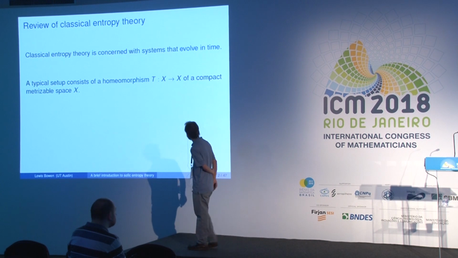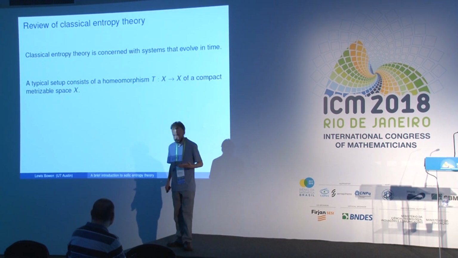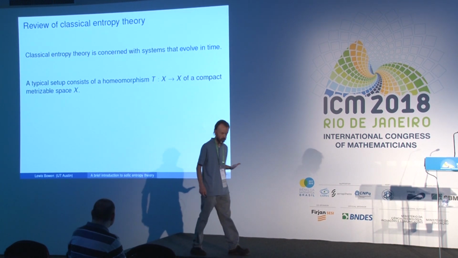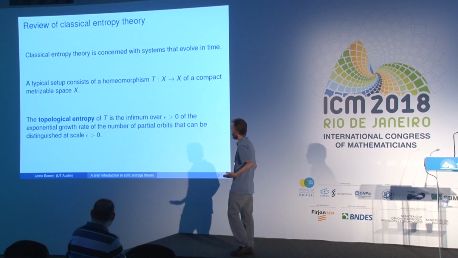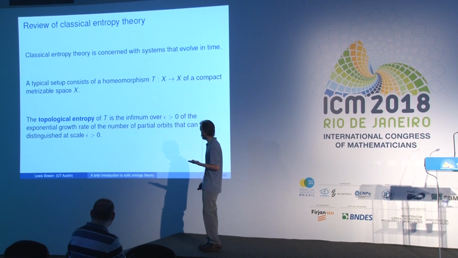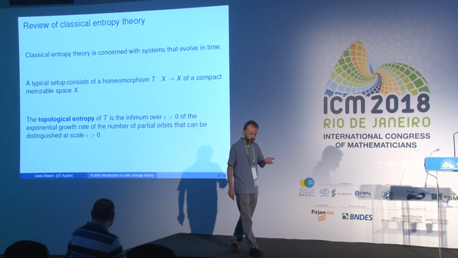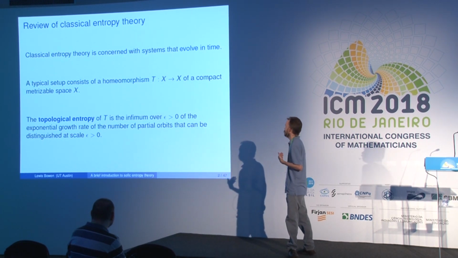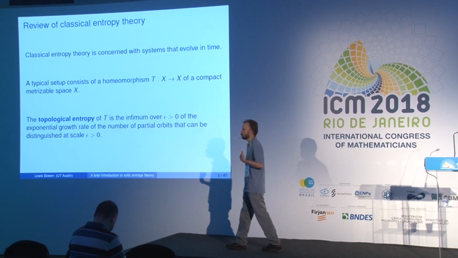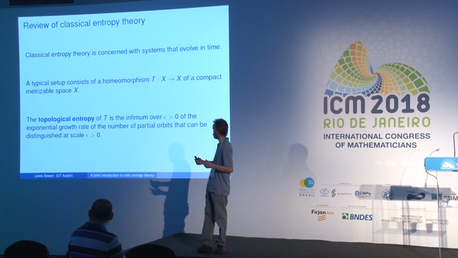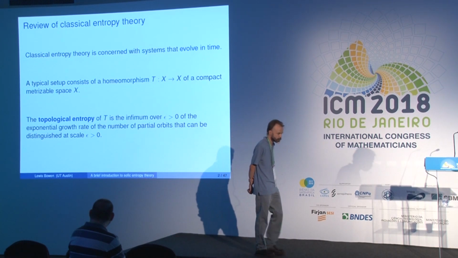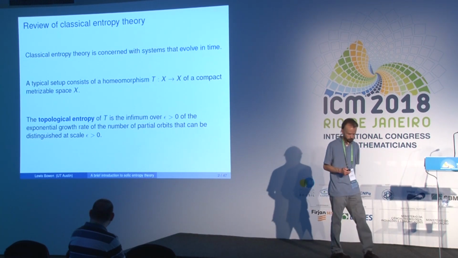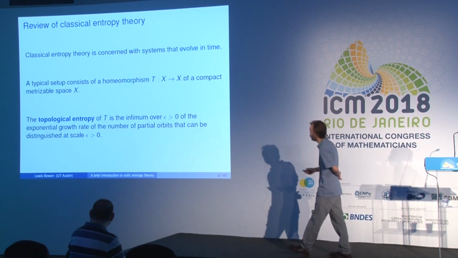And so a typical setup is that we have a homeomorphism of a compact metrizable space representing time. And the topological entropy is the infimum over all epsilon of the exponential growth rate of the number of partial orbits that can be distinguished up to epsilon, well, at scale epsilon. So here's a precise version.